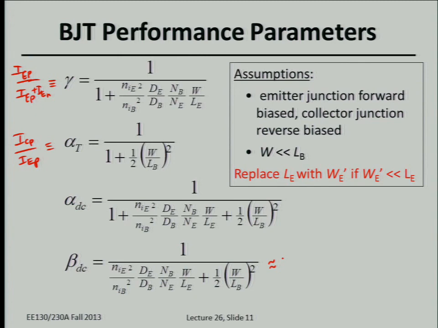So it's pretty small. It could easily be an order of magnitude or more smaller than this other term in the denominator. So let's just write this like this, with NIB squared and WB. Okay, so this is an approximate expression for the current gain.